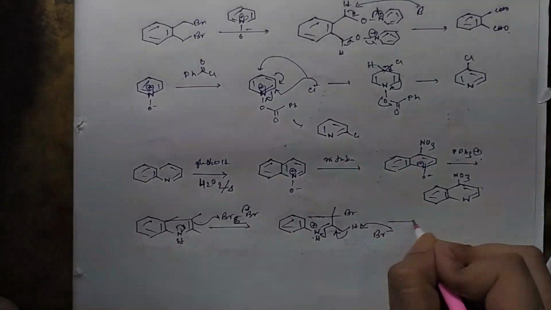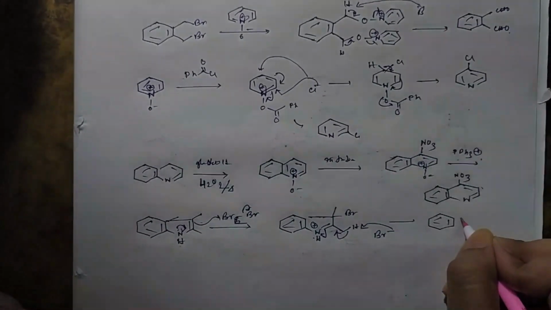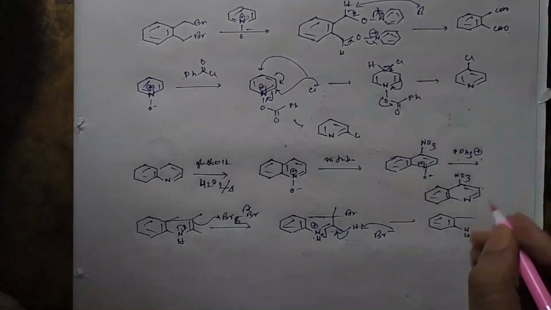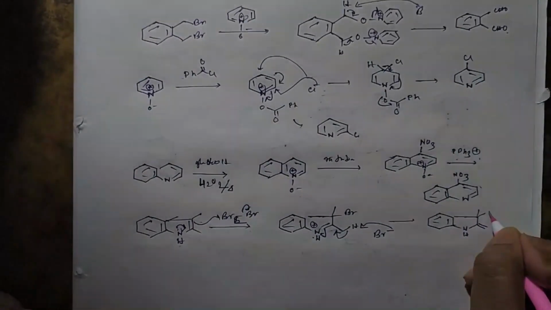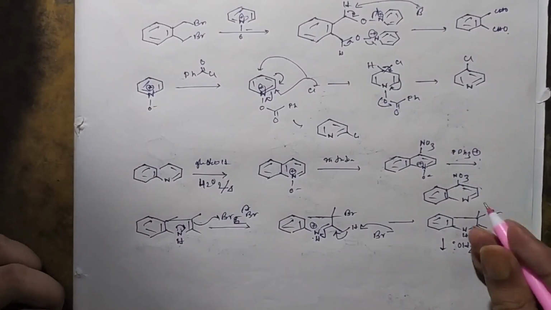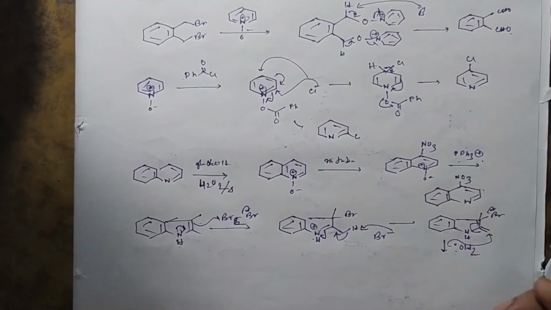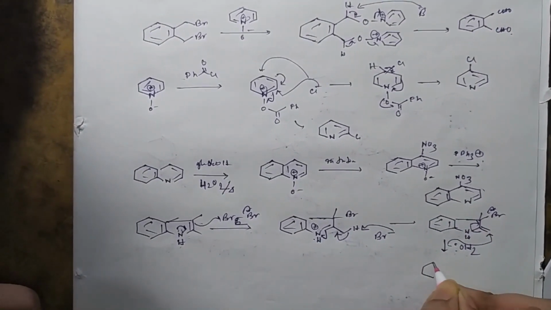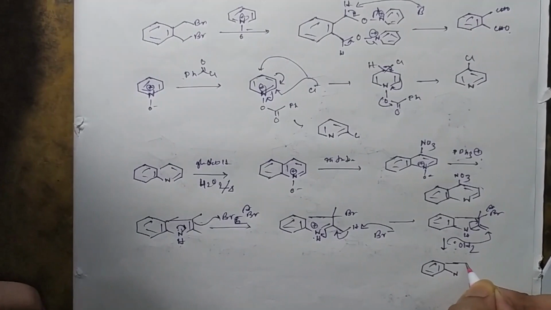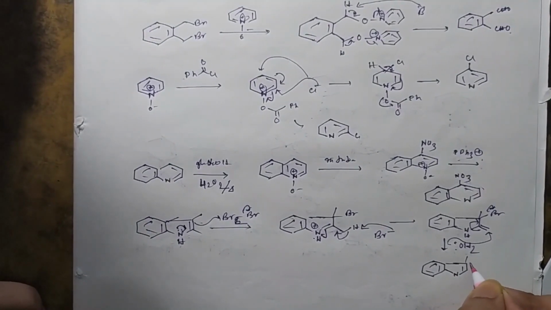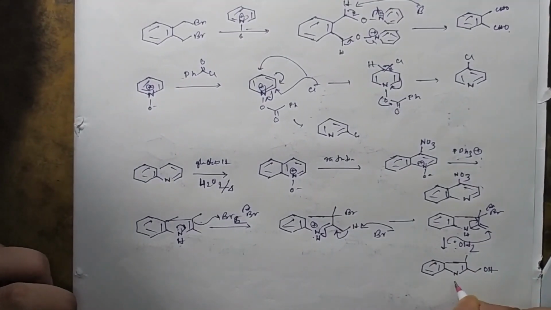So we get, then after that, now water was the next reagent which will attack this C double bond C, double bond goes here and bromine being a good leaving group that cleaves. So we get this as a product.